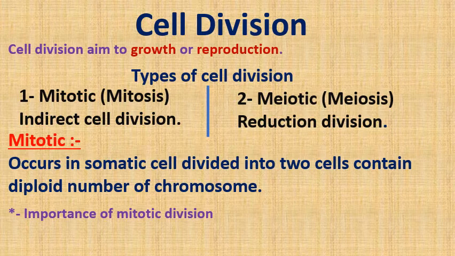So the importance of mitotic division again. Number 1, help to compensate the damaged cell. Number 2, complete asexual reproduction. Number 3, help in growing. Help in growing your body. When you are a baby, you will grow up by help of mitotic division.